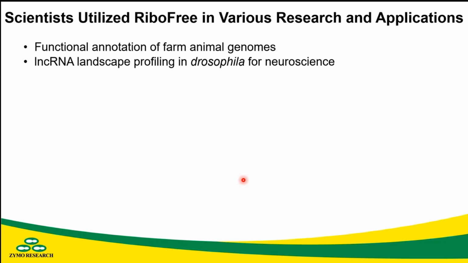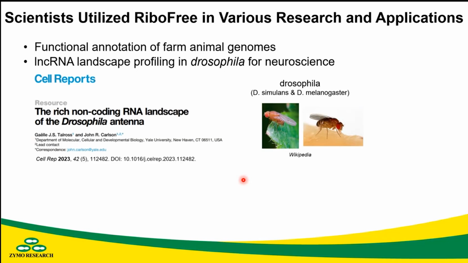The next example comes from insects, Drosophila, where a group from Yale utilized Ribo-free RNA-Seq data to profile the long non-coding RNA landscape. Their models were Drosophila and 2 different strains of flies for neuroscience.